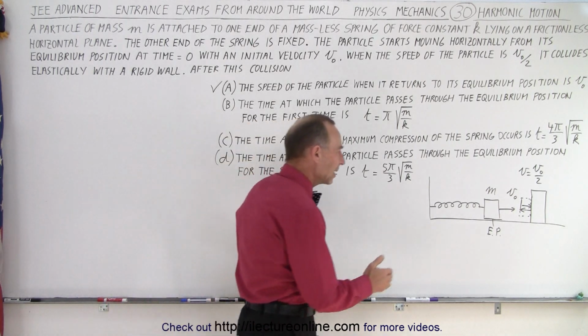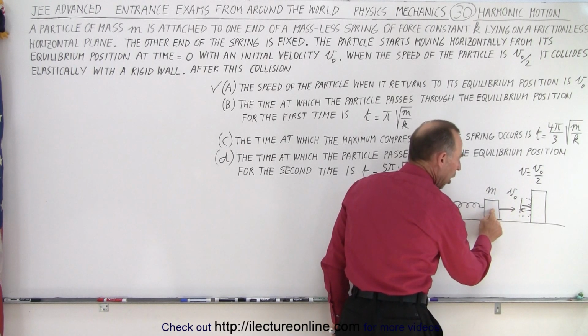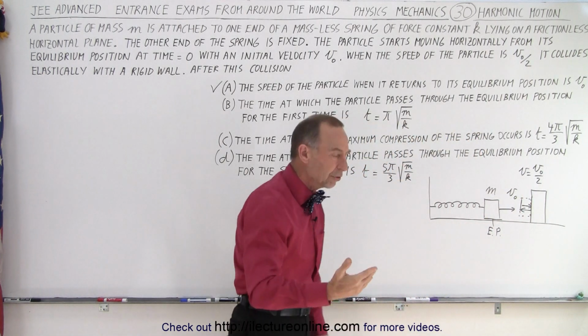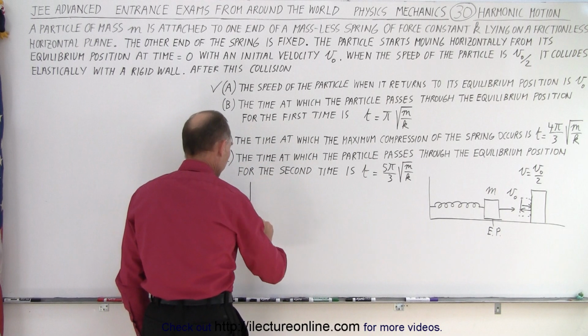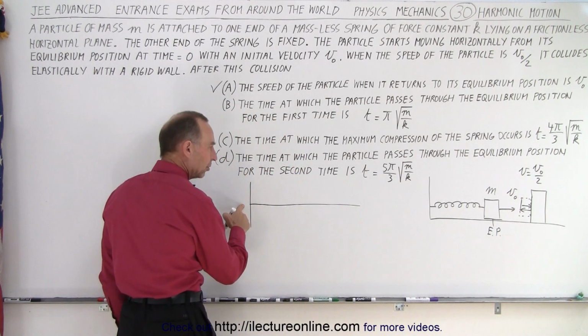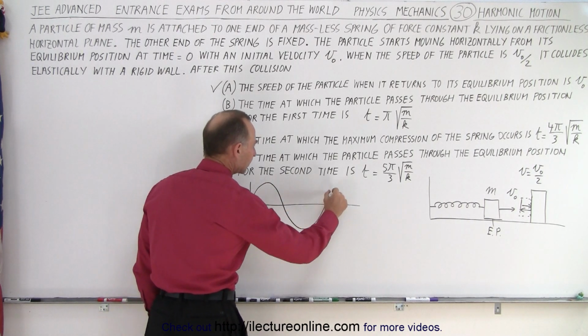So the idea is that if you start at the equilibrium point with some initial velocity v sub naught, how long will it take to reach this point relative to the period of the oscillation? So if we draw a sine curve representing the position, and notice the position is 0 at time equals 0, we have something that looks like this.